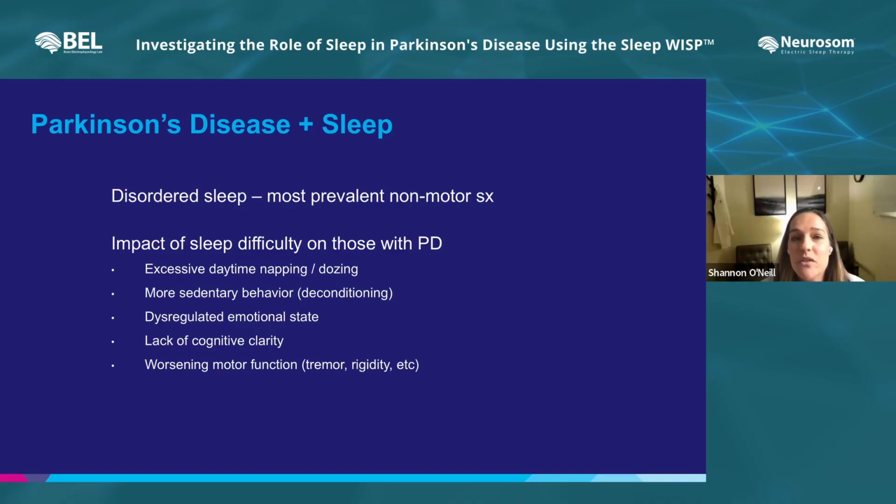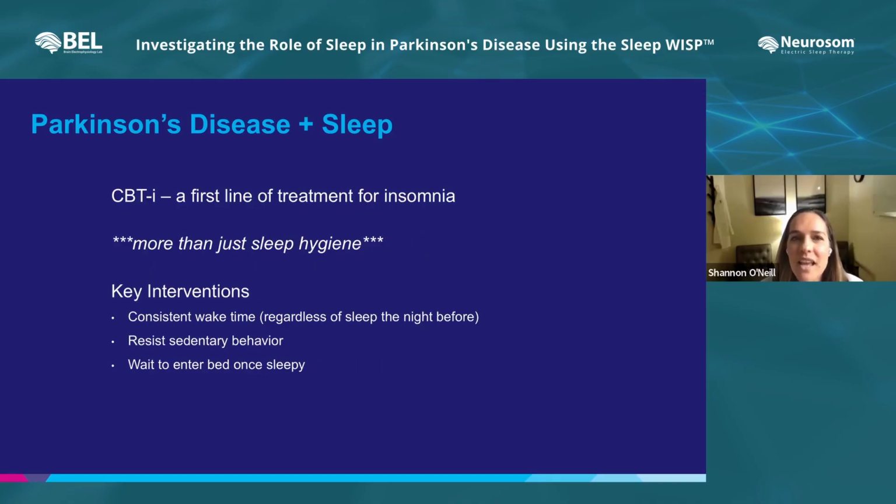Many patients I work with endorse difficulty falling asleep and awakenings after sleep onset, which then leads to fragmented or inefficient sleep, as well as poor sleep quality. This nocturnal sleep disruption can often lead to napping or dozing during the day, worsening cognition, as well as poor motor functioning, which is another area of concern. You can go to the next slide.